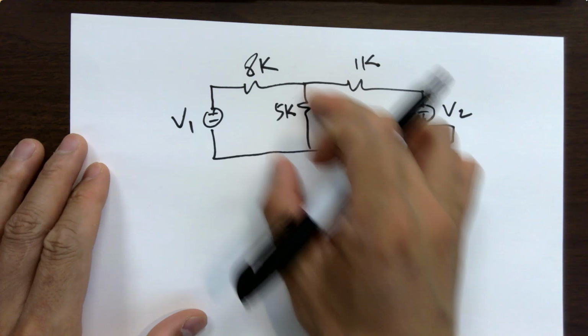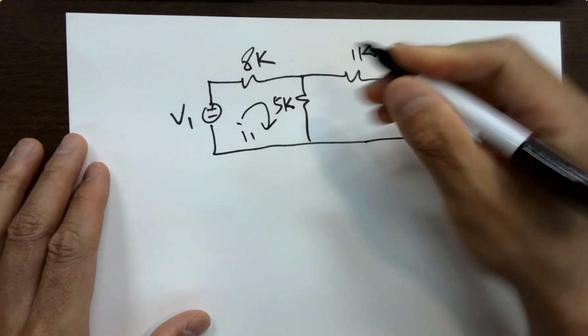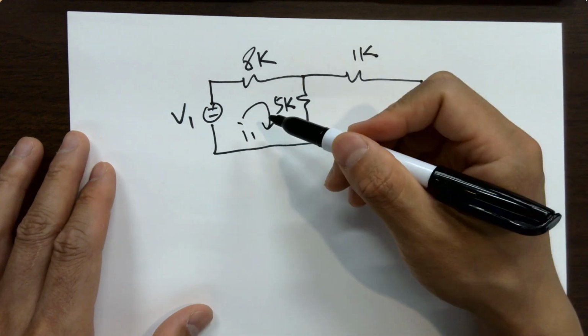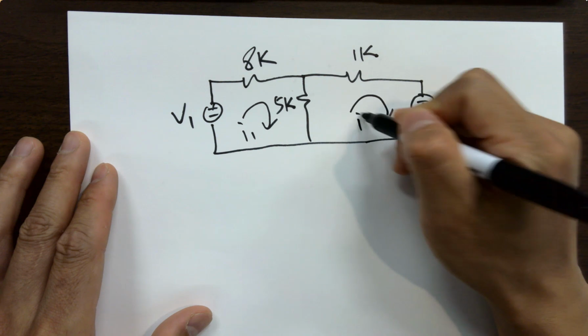So the mesh current is the current you assume in the mesh, because these are 2 meshes. You assume the current flowing into the mesh here as I1. Usually I use clockwise current, I2.